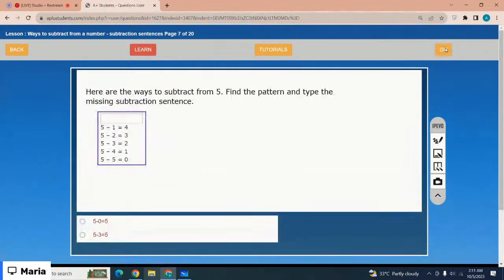Okay, the next one is here are the ways to subtract from 5. Find the pattern and type the missing subtraction sentence. So, which subtraction sentence is missing?